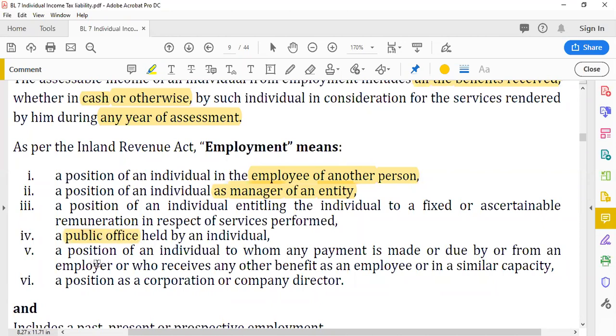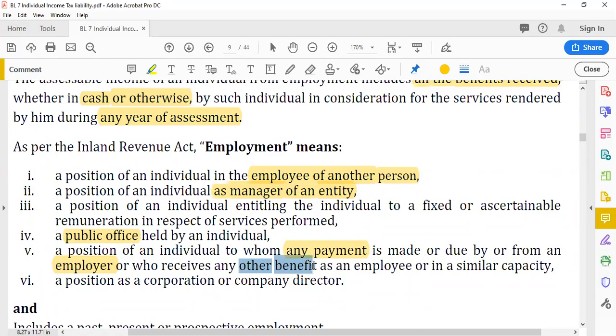A position of an individual to whom any payment is made or due, due meaning payable by or from an employer. Or some employer who gives something to such a person, that person is considered an employee who receives any other benefits.